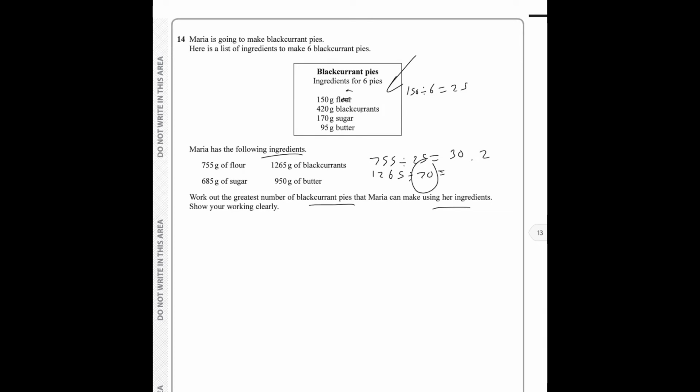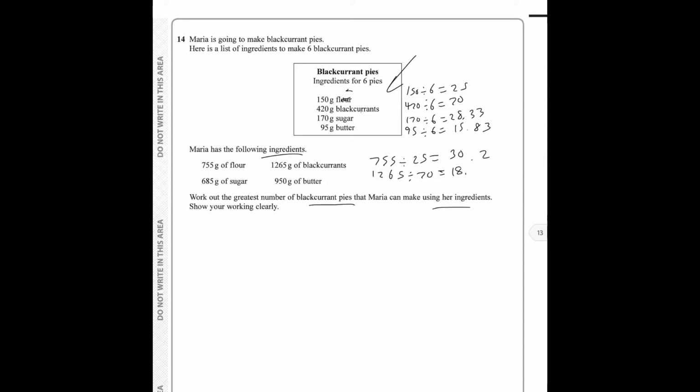The reason we got 70 there is because you're going to do 420 divided by 6, right? So that's 70. You're going to do 170 divided by 6, that should give you 28.33. And you're going to do 95 divided by 6 to get how many values for each pie can be made.